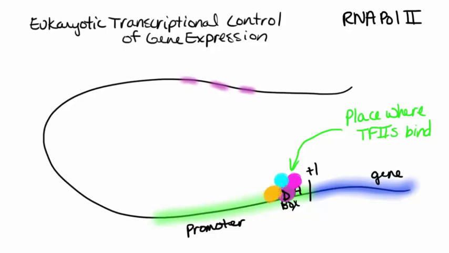And then once we do have this collection of transcription factors, then generally we do get recruiting of the RNA polymerase. And RNA polymerase is also going to bind to the promoter, and it's going to bind in this general region. And that right there, now we have assembly of most of the components that we do need for this overall process.